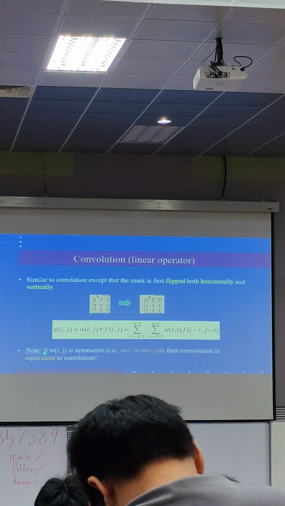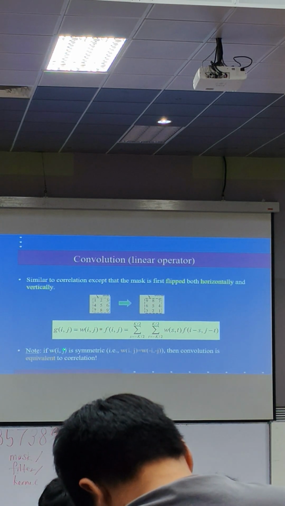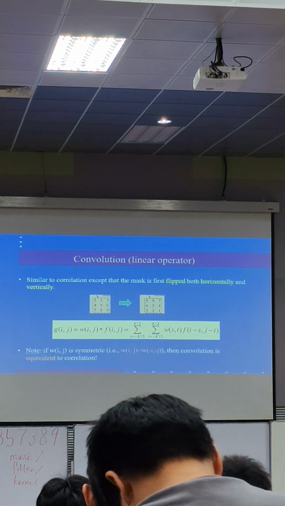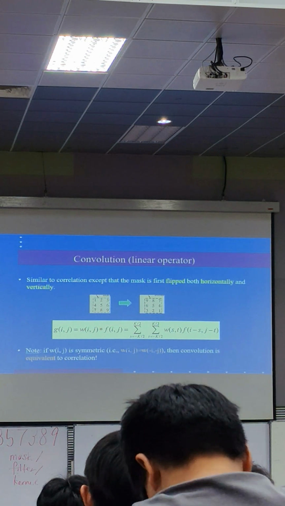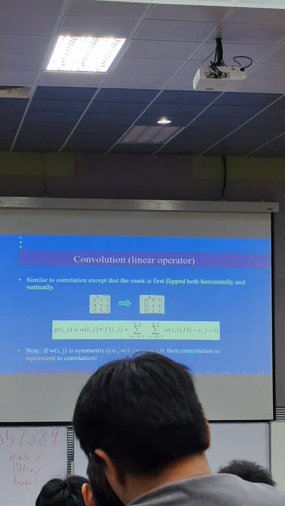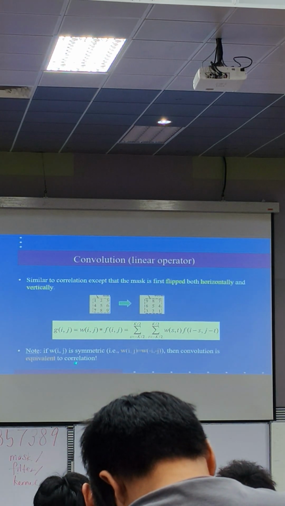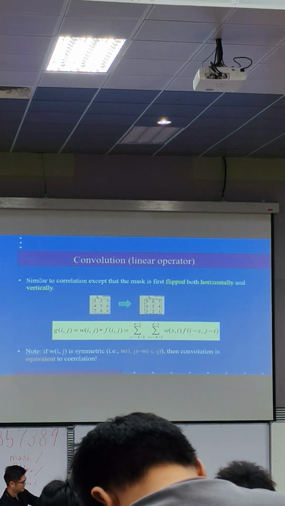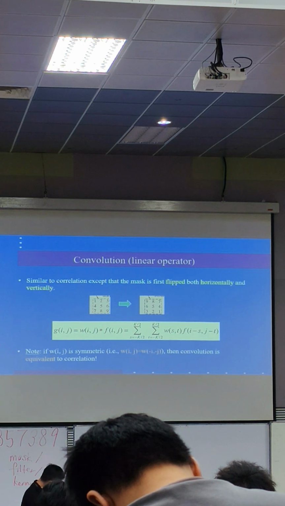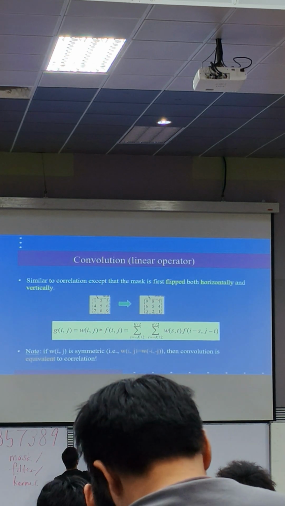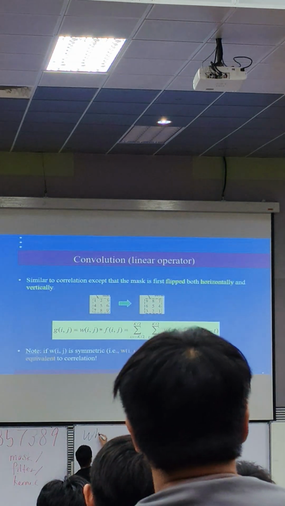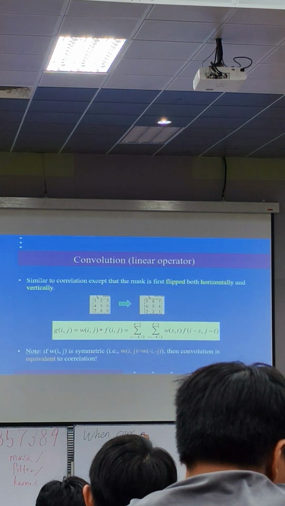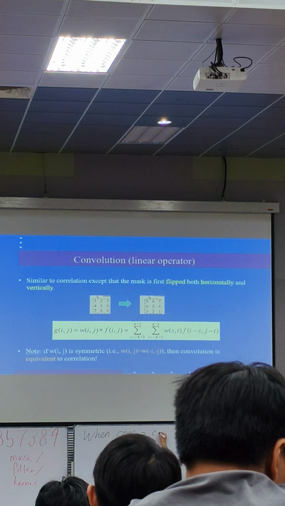My notes here: if W(i,j) is symmetric, that means no matter how I flip, they are the same. And if it is the same, convolution is equal to correlation. Example.